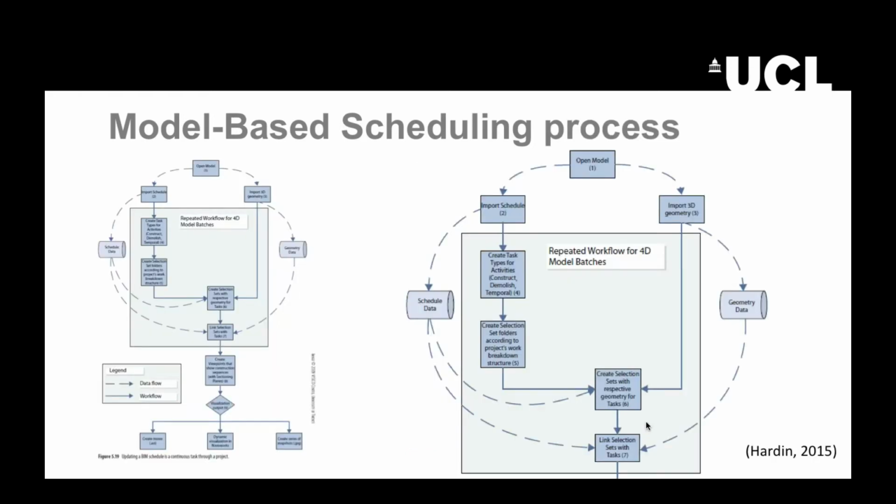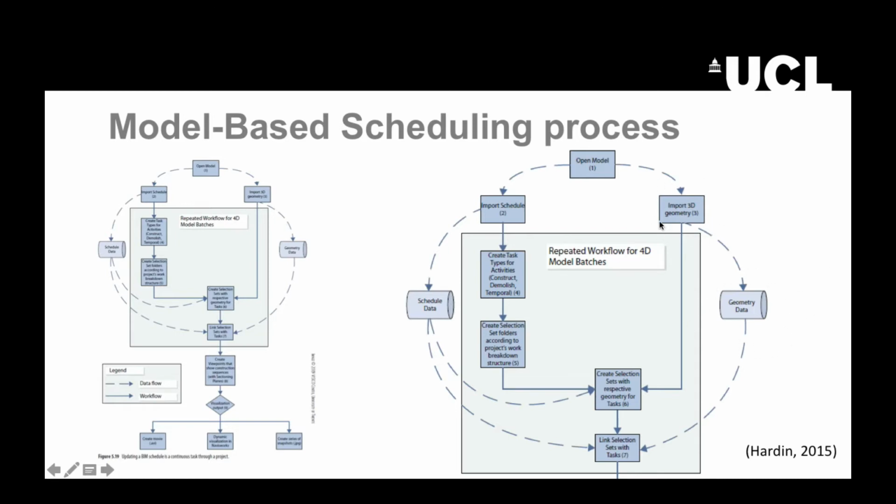Here, in that figure, you can see the data flow and the workflow for the development of a 4D model. As you can see, the first step obviously will be to open the model. And then we can distinguish two parallel activities that must be run at the same time: the scheduling with the use of schedule data and the geometry data.